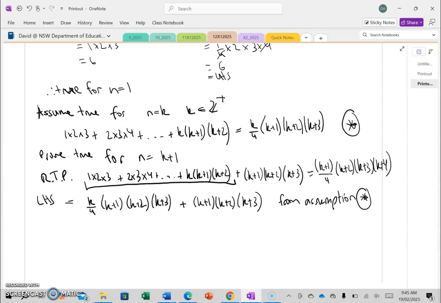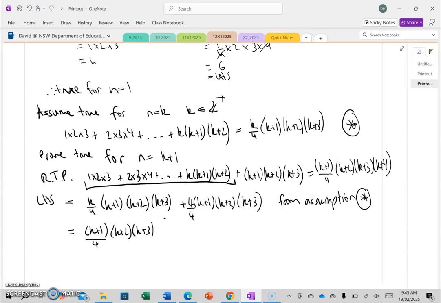Okay, now looking at this, I'm going to write this as 4 over 4, and I'm going to take out the quarter. And I can see a common factor of (k plus 1), (k plus 2), (k plus 3), so I'm going to take that out as well. So that's going to be (k plus 1) on 4, (k plus 2), (k plus 3).